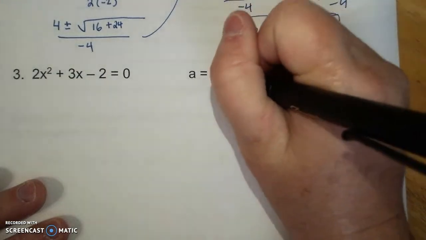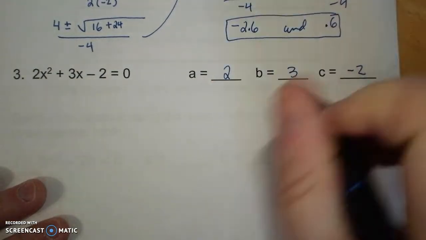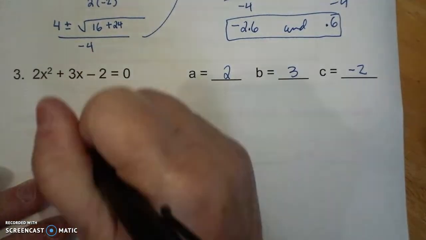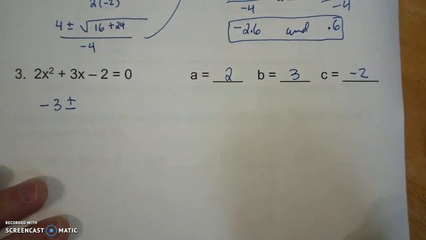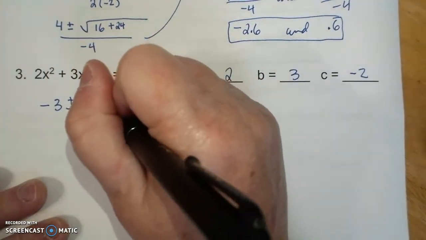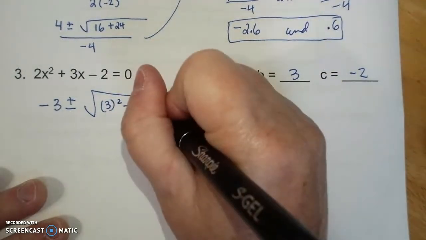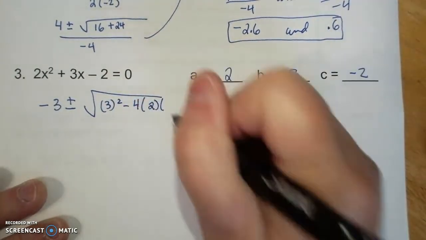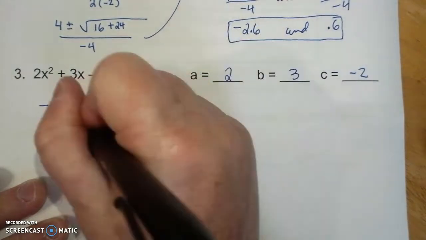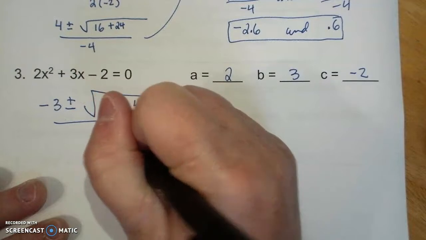Next one, a is 2, b is 3, c is -2. I have the opposite of b plus or minus the square root of b squared minus 4 times a times c all over 2a.